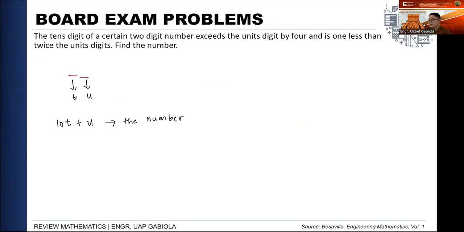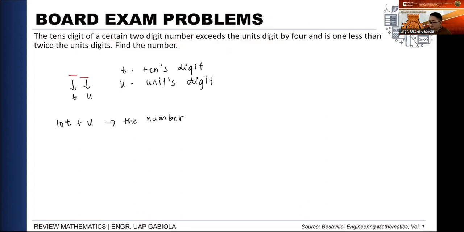Next. Puntahan natin yung mga condition kasi madami yung sinabi niya. The tens digit of a certain two-digit number exceeds the unit digit by 4. So yun yung unang condition natin. Again, dito, si t is yung ating tens digit, at u is yung ating units digit.